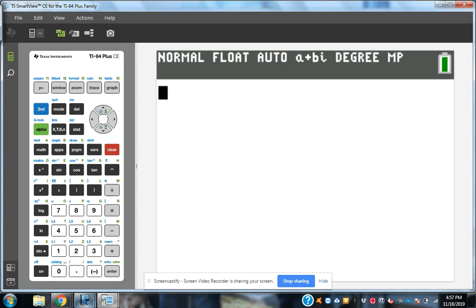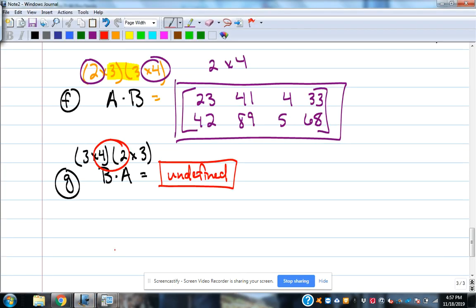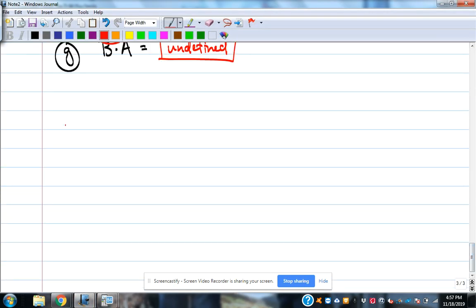So last thing in this section, last thing of the evening, is using the calculator to find an inverse matrix. Inverse matrix is kind of like a reciprocal, but it's not just straight up flipping everything over.